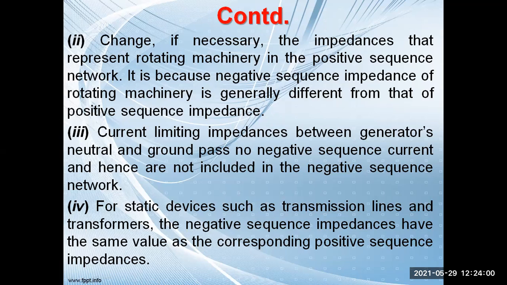So there is no existence of the negative sequence network for the current limiting reactor. Now for static devices such as transmission lines and transformers, the negative sequence impedance has the same value as the corresponding positive sequence impedance. So for transmission lines and transformers, the positive sequence impedance and the negative sequence impedance are both equal.